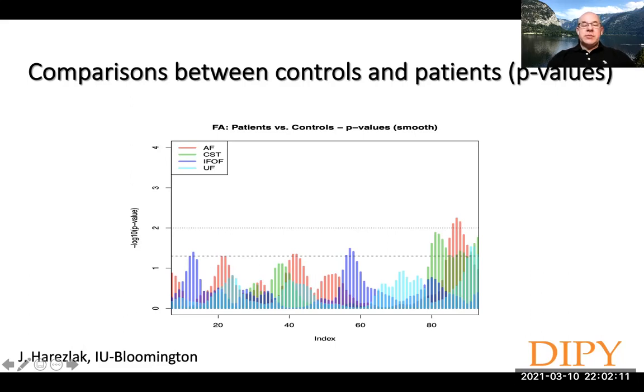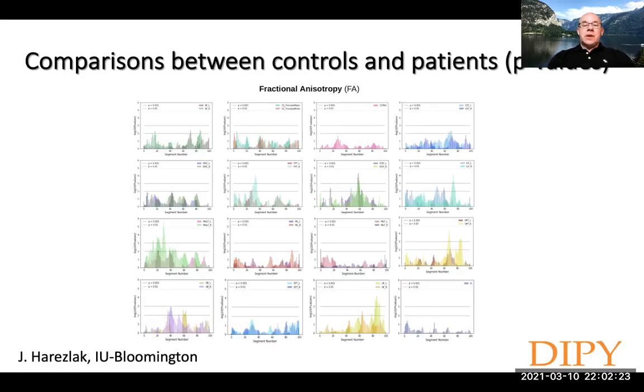So 2 corresponds to a p-value of 0.01. For some of the disks, for one of the tracts, there seem to be differences between the two groups.